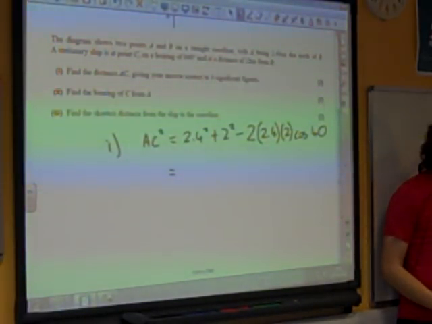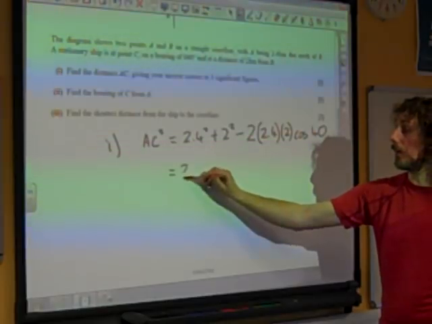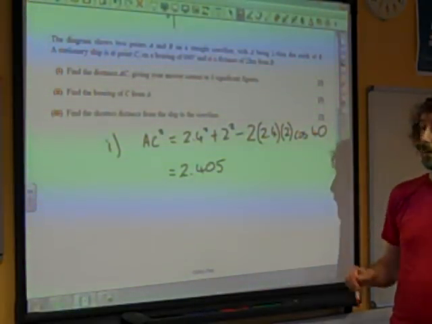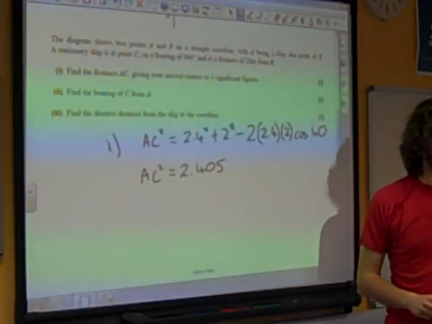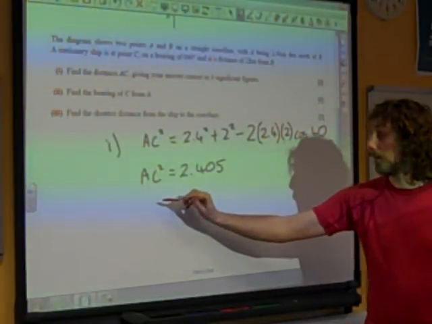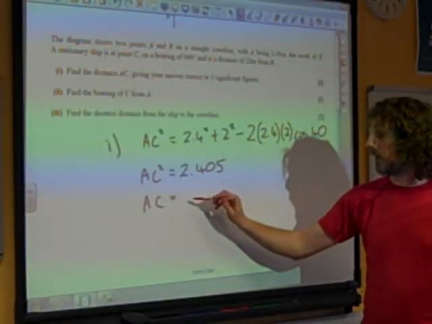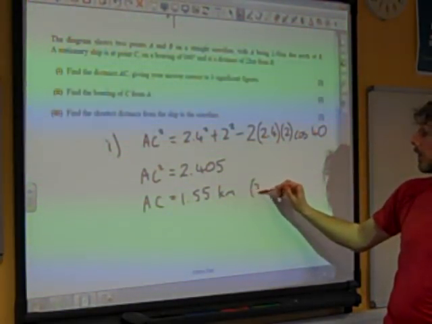So checking that the calculator is in degrees, this should give you 2.405 as the value of AC squared. Then when we square root that, we get AC is 1.55 kilometres to 3 significant figures.